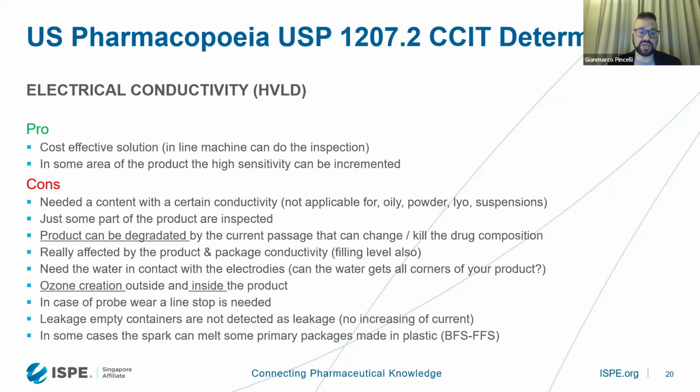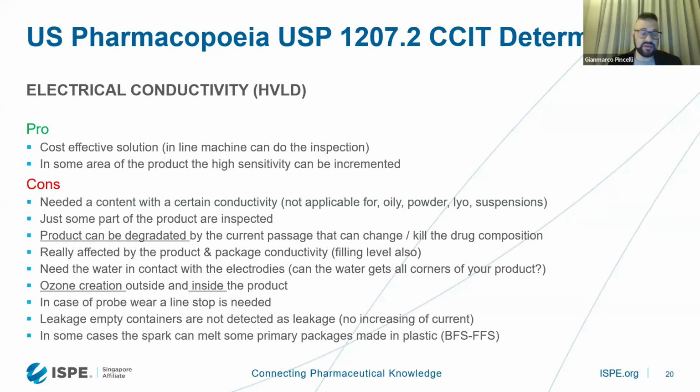The ozone creation outside can be managed with a vacuum system to protect the operator from inhalation. But inside of the product, if the product is closed and you have some strike of light inside the product, it's really difficult to detect. So you put on the market a product with ozone inside.